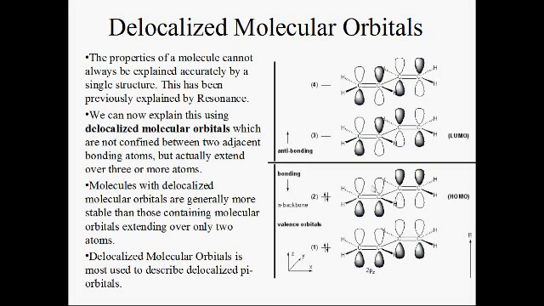So if we blend together 4 atomic orbitals, we're going to get out 4 molecular orbitals. 2 of them will be bonding, 2 will be antibonding. So these were the 2 bonding molecular orbitals. And for this molecule here, we're going to have 4 electrons, one from each of the pi p orbitals.